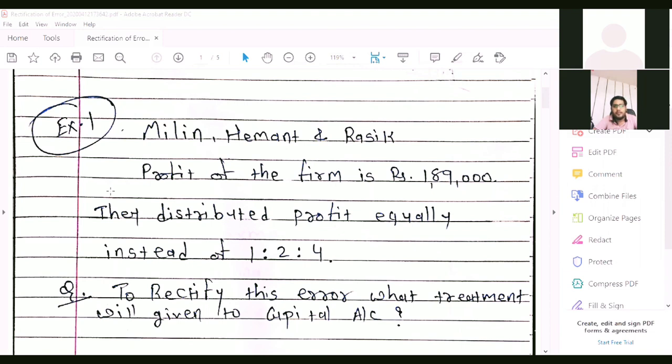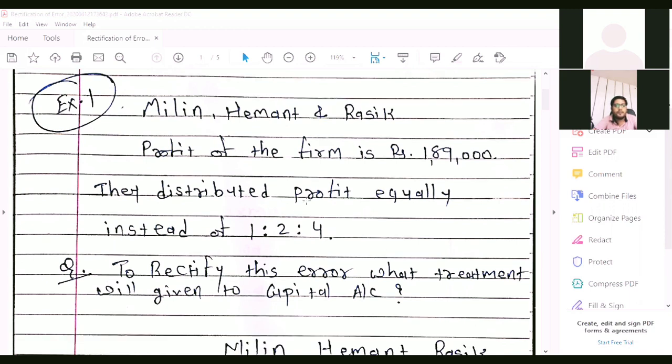First example: Milin, Hemant, and Rasik are three partners. The profit of the firm is 1,89,000. They distribute profit equally. So this 1,89,000 they have distributed equally instead of 1:2:4.